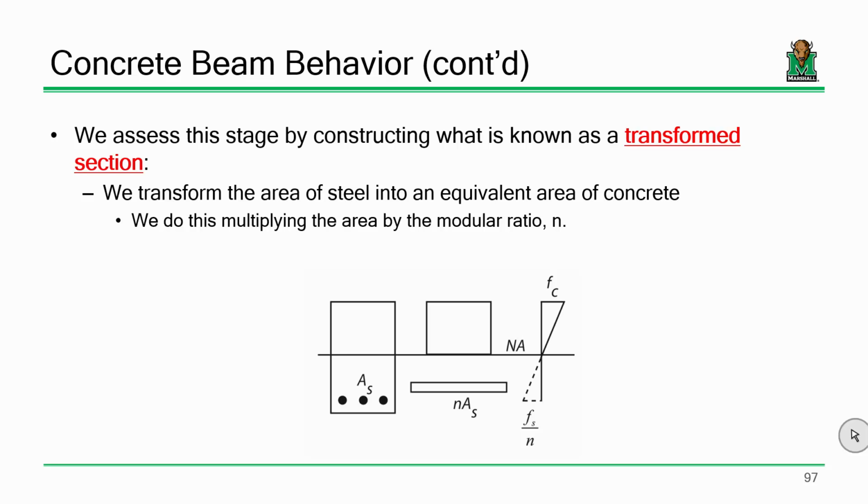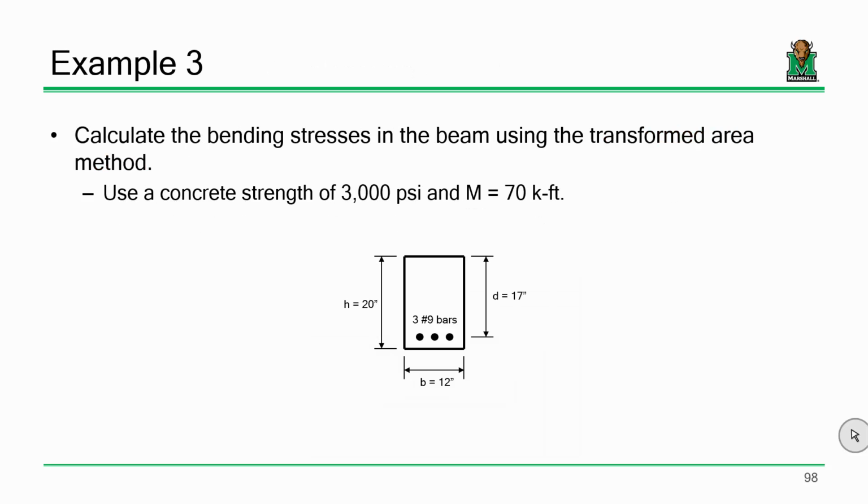All of the concrete in compression we'll assume is still effective, and for tensile regions, we have our resisting steel. We convert that lump of steel into an effective lump of concrete through the use of a modular ratio, which is the ratio of the modulus of elasticity of steel to the modulus of elasticity of concrete. And we were looking at this example.